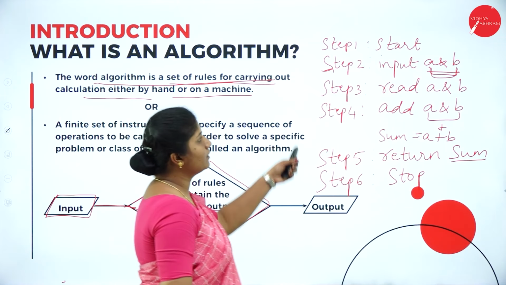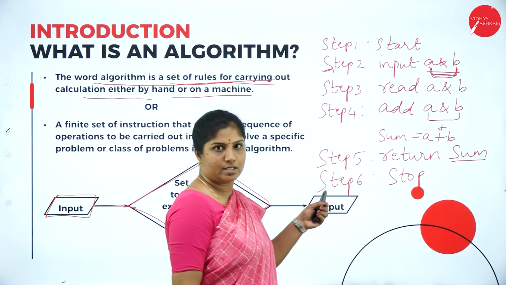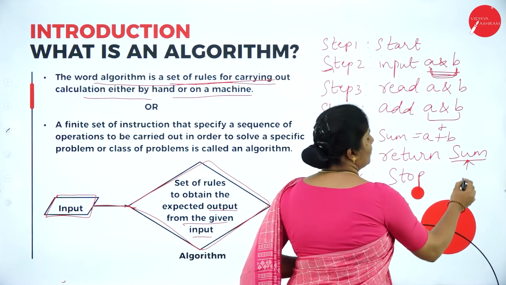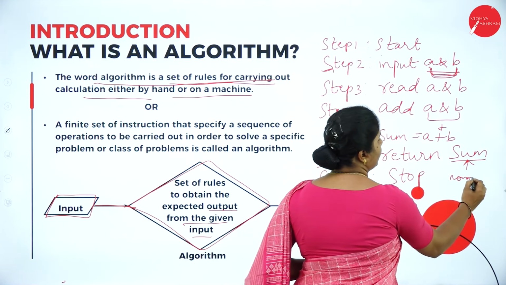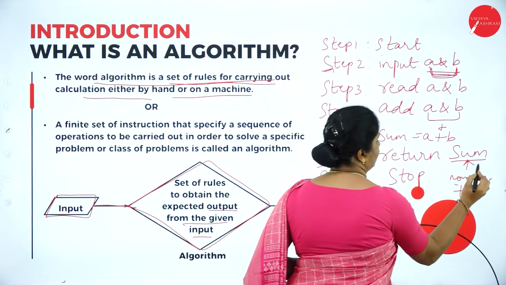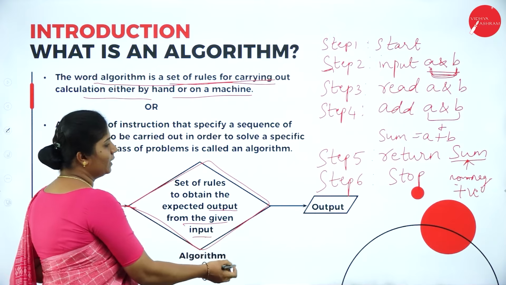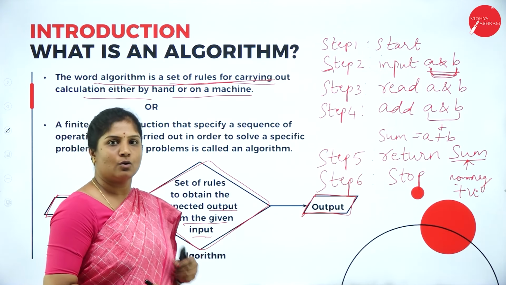Here I have given the input as two non-negative integers, so I am getting an output that is also non-negative, that is, positive. So whatever input you give, the exact expected output should be obtained. This is how our algorithm works.